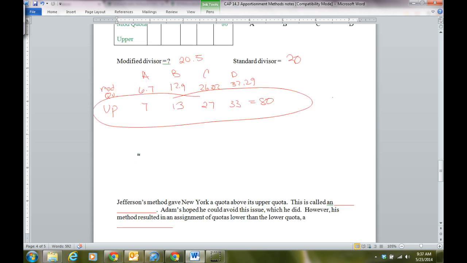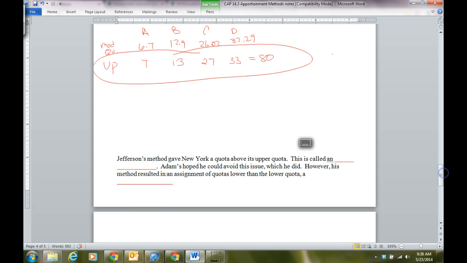One of the things that I need to go over really quick with you is that sometimes Jefferson and Adams disobey the quota rule that we talked about yesterday. They go outside those boundaries. When Jefferson goes above the upper quota, this is called an upper quota violation.